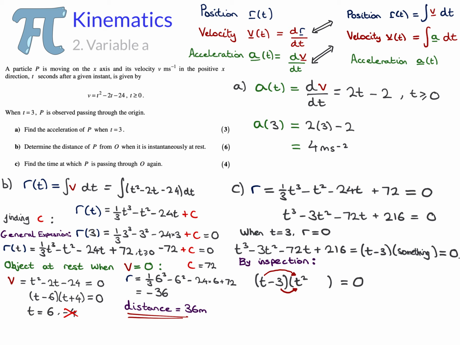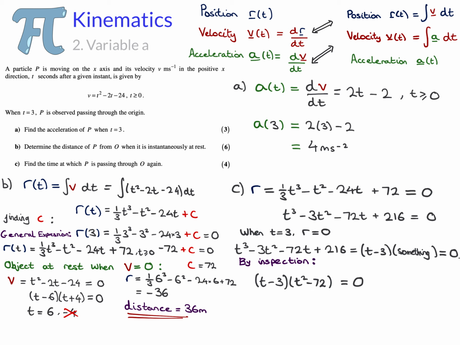So the next thing we need to address is getting a negative 72t. And to do that, we put in a minus 72, which will give us a negative 72t when we multiply it by the t. When we multiply the negative 72 by the negative 3, we get the 216 that we want.